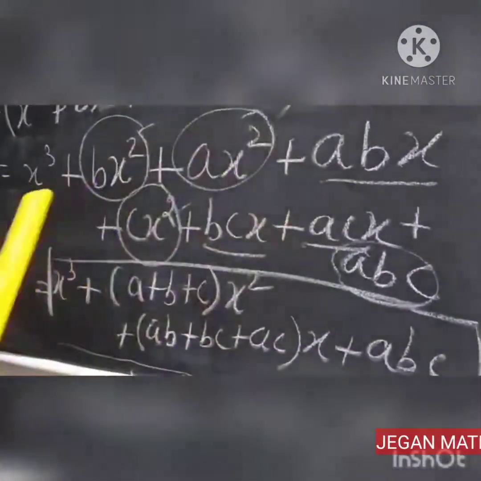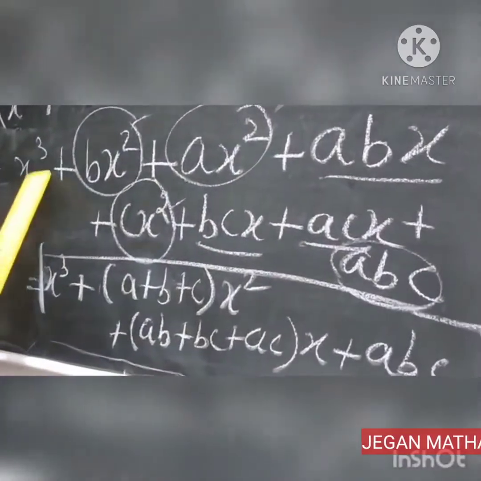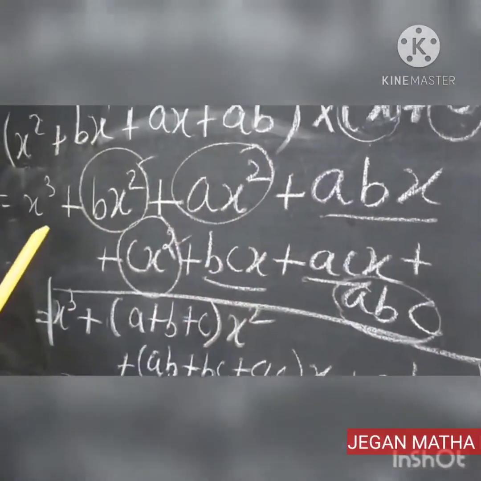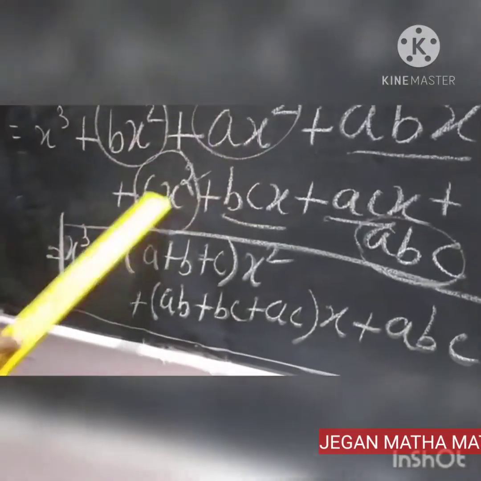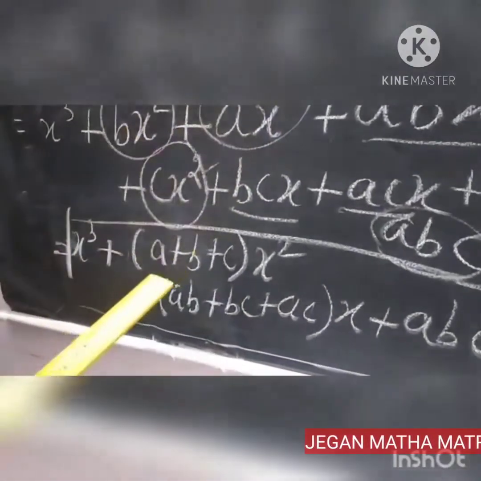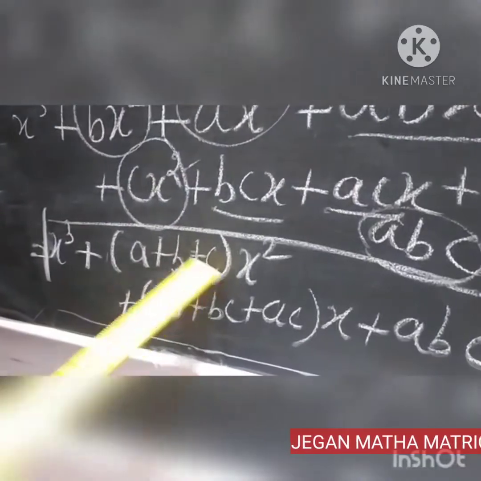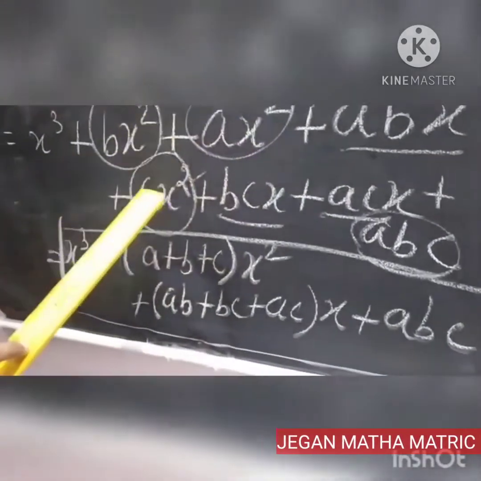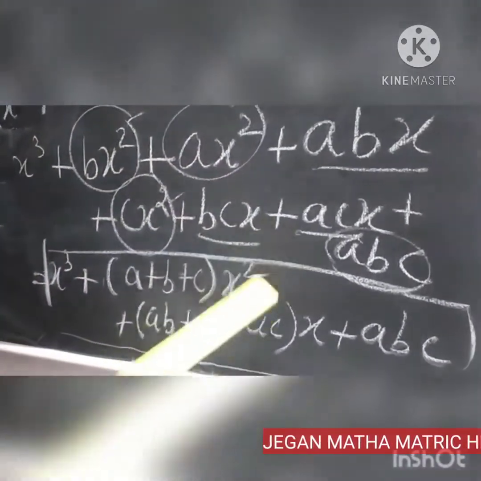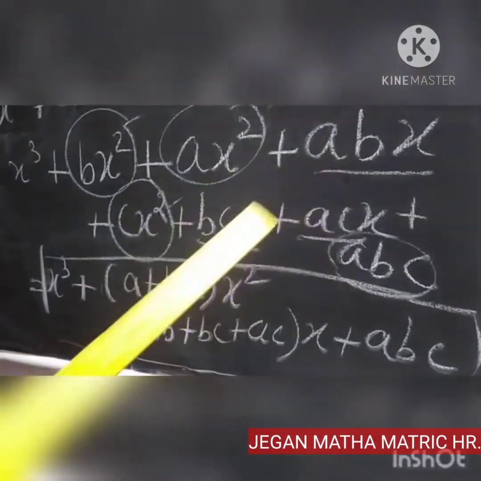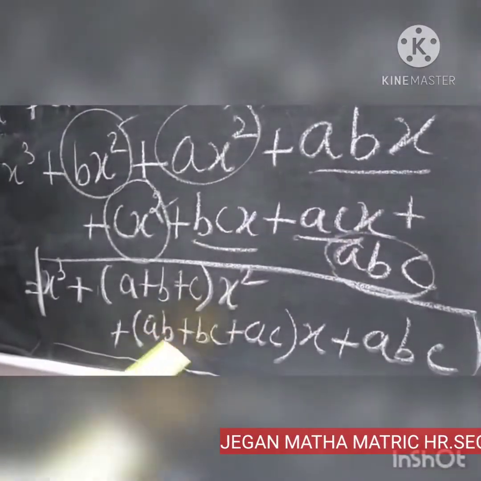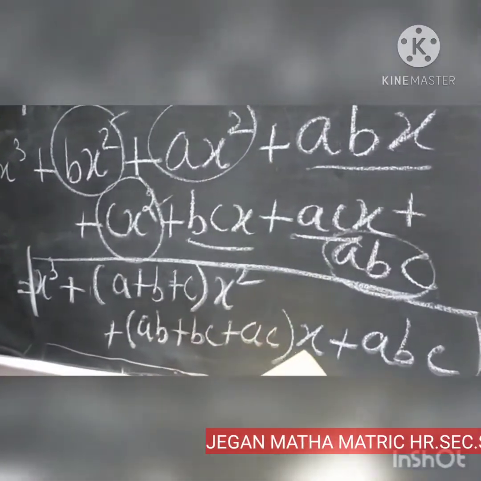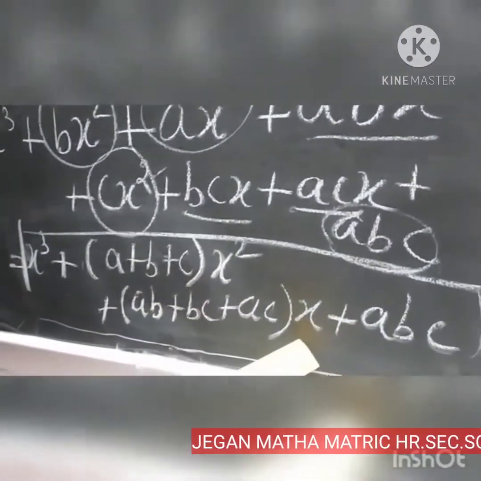Now we have to select the common terms, whichever are the like terms. So here x cube; here bx squared, ax squared, cx squared are like terms. You put a + b + c in the bracket, and x squared is common, so keep x squared outside. Next abx, bcx, acx: x is common, so (ab + bc + ac) in the bracket, with x outside.